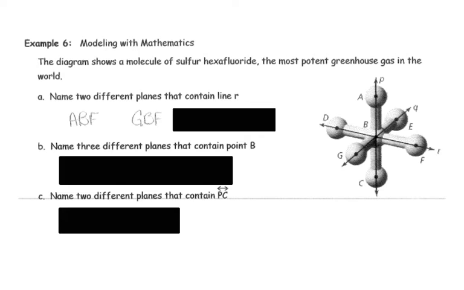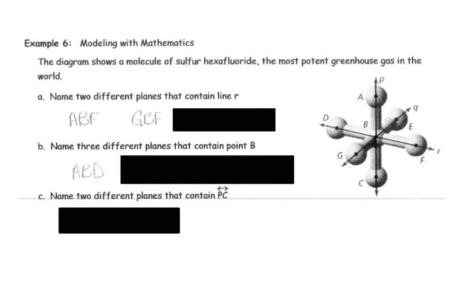Name 3 different planes that contain point B. Point B, this point here. So name 3 different planes that contain that point. We have plane ABD, so this plane here.